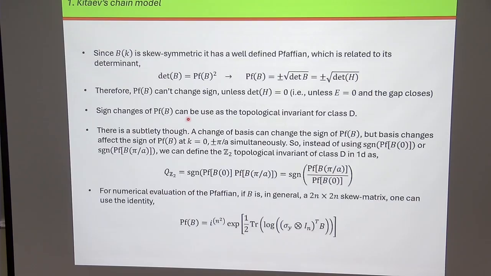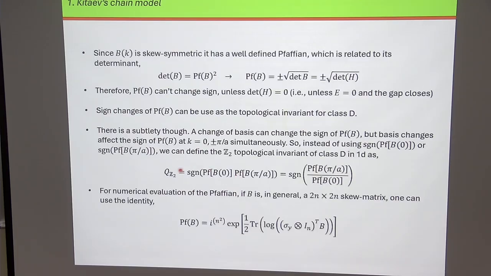So then instead of monitoring the changes of sign of one of them, you can just look at the product of them, okay? So if the product changes sign or not, this is essentially what you are looking at. This product will change sign only if the Hamiltonian closes the gap at k equals 0 or k equals pi over a. Okay.